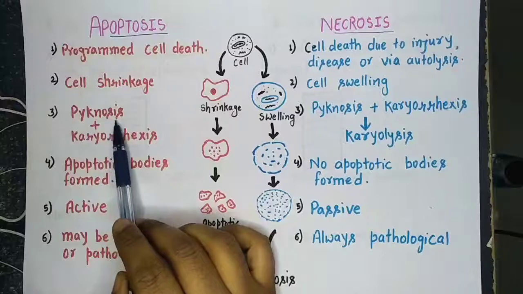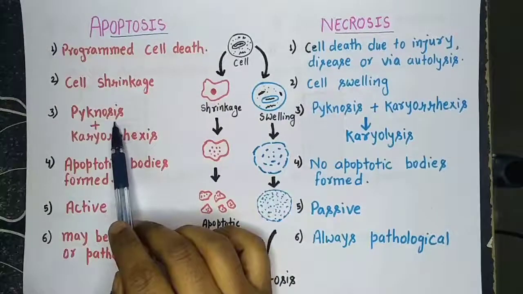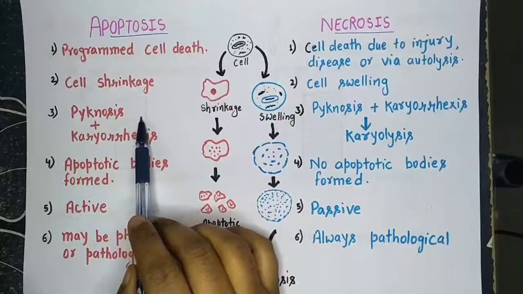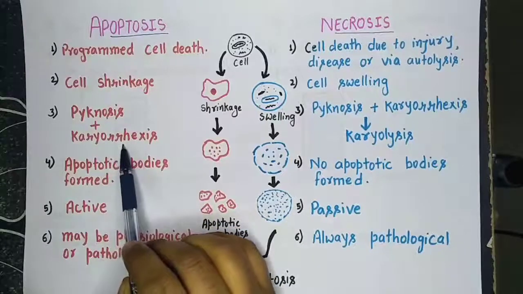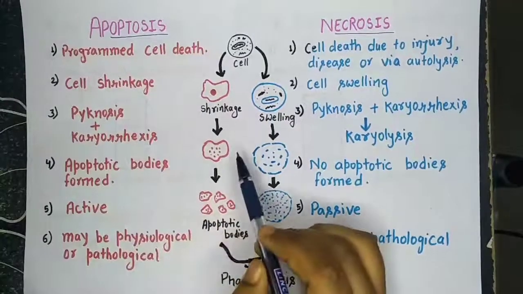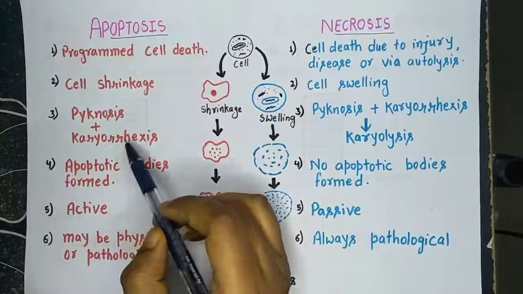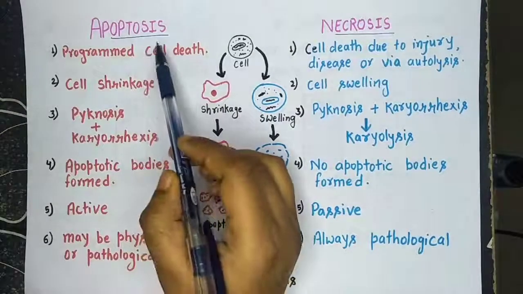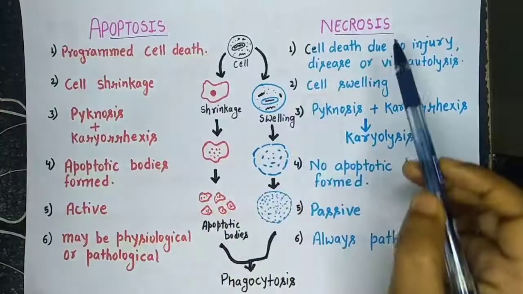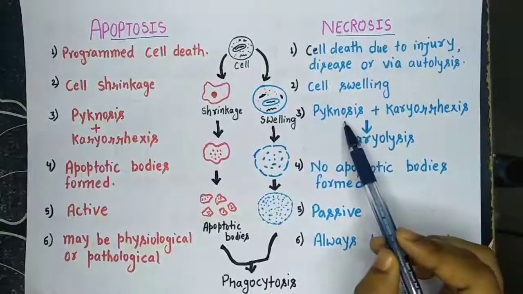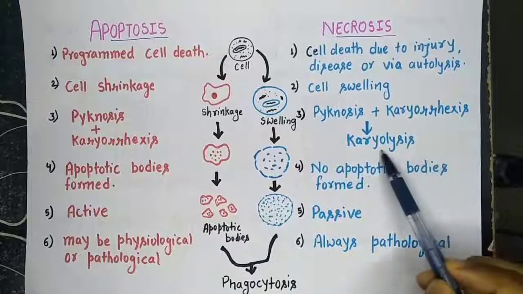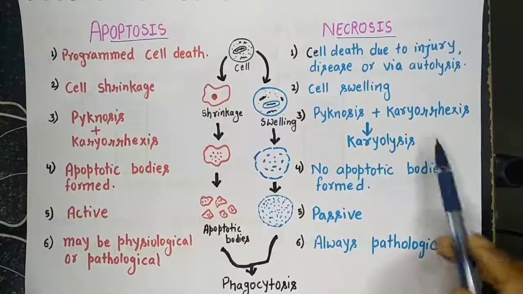What is pyknosis? It means condensation of the nucleus, while karyorrhexis means fragmentation of the nucleus. So, pyknosis and karyorrhexis occur in case of apoptosis, but in case of necrosis, along with pyknosis and karyorrhexis, karyolysis also occurs.